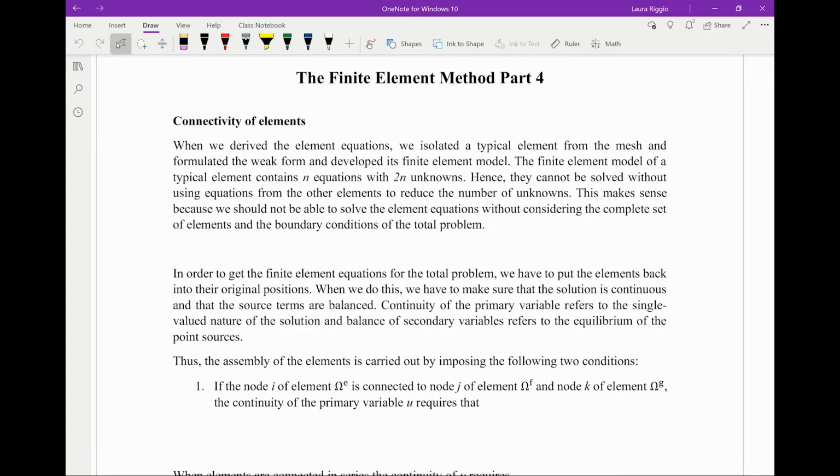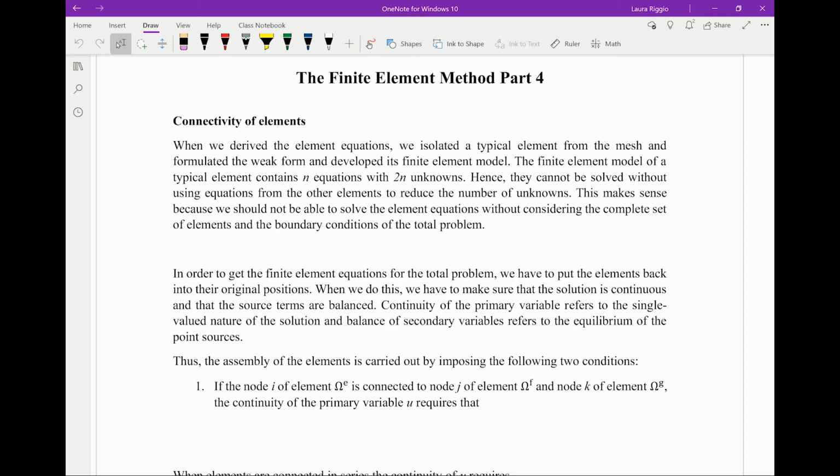All right, so far we've developed the weak form, determined an approximate solution, and developed the finite element model for an element. This element had been isolated from the mesh, and now what we have to do is put everything back together because we currently have n equations and 2n unknowns.